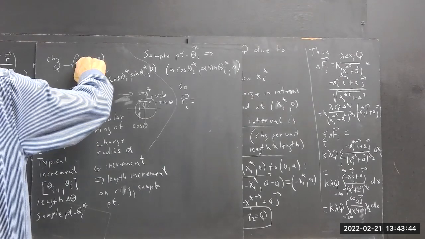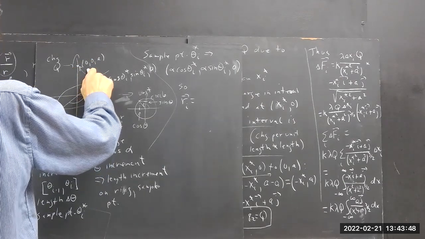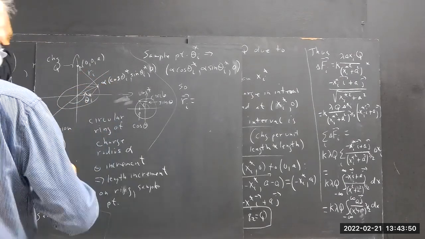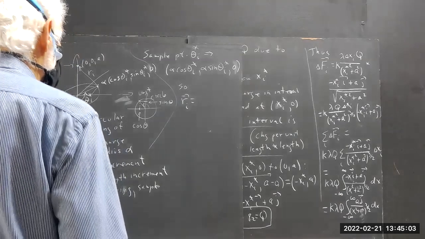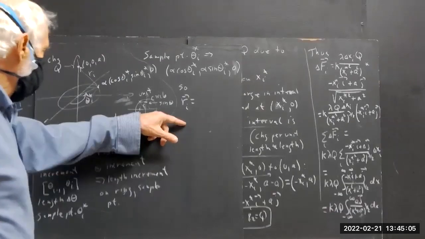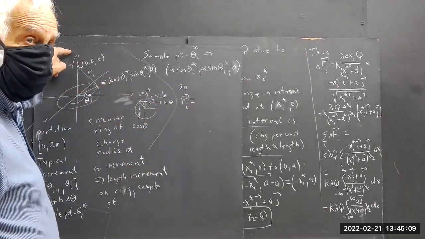The vector from this point to this point. So you should be able to just write down that vector. Give you a minute, but not much more. So your R I star is what? You subtract where you start, which is here, from where you end, which is here.